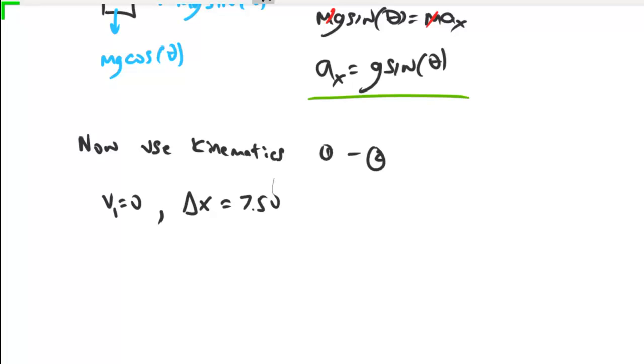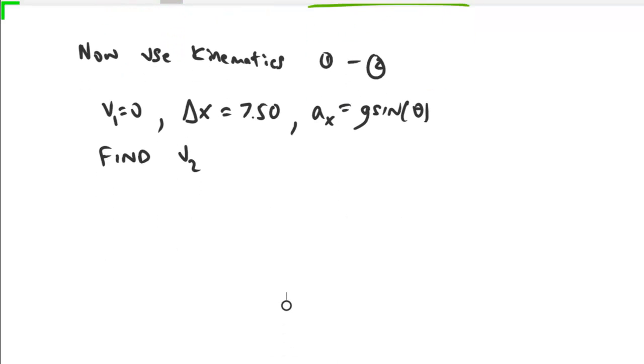And we also know that the acceleration in the x direction is equal to g sine theta, right? And we want to find v2, or v final. So then we can use that third kinematic equation here.